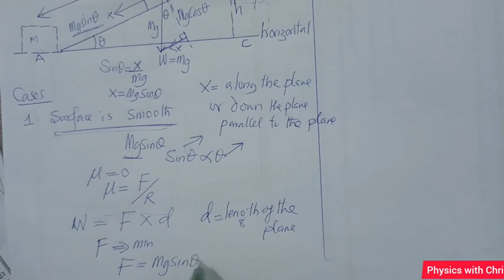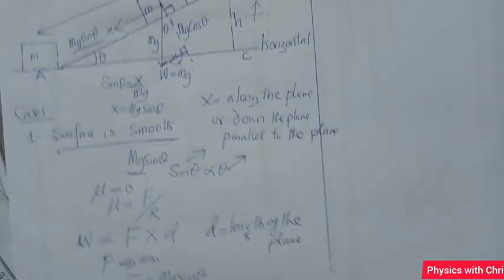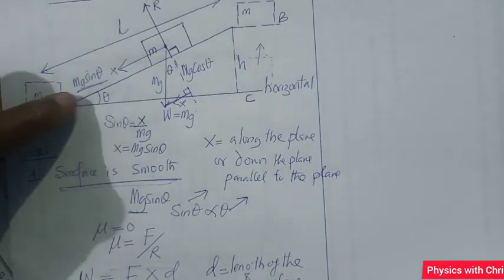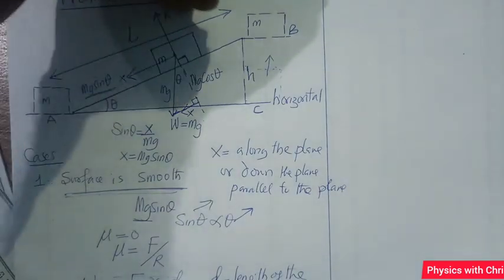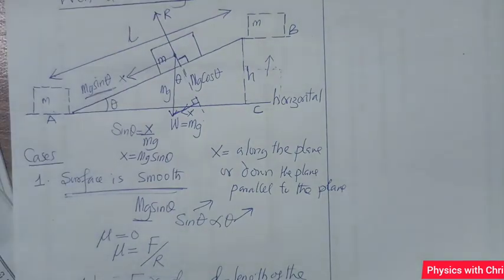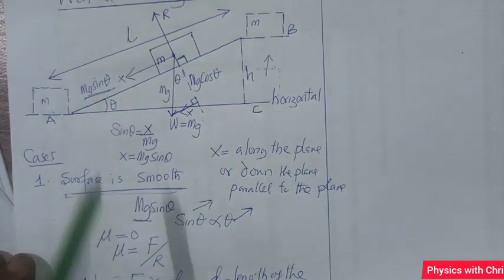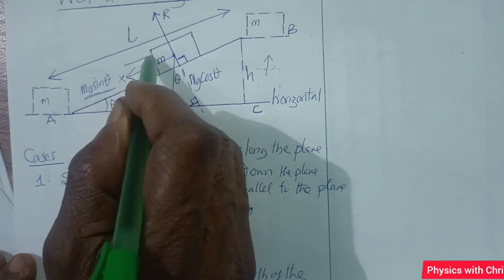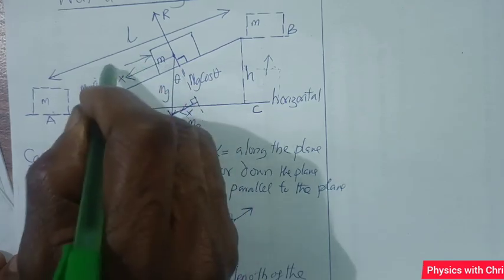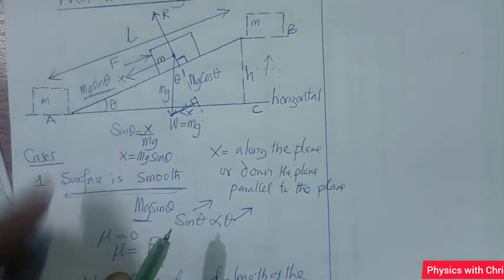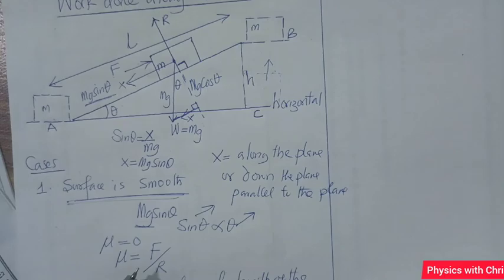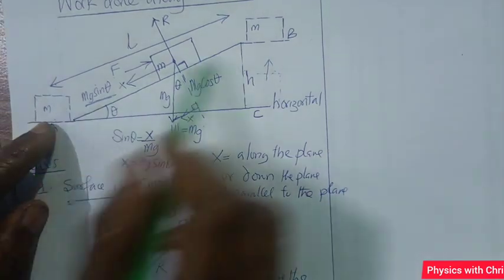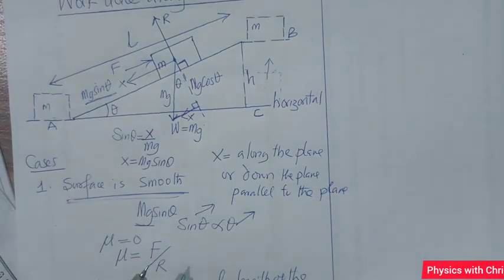Why is it so? Because since there's no friction, the only force acting along the plane is mg sin theta, and it acts in a direction to bring this block of mass back down to point A. So if I must overcome this mg sin theta, I must apply a force F which at least must be equal to mg sin theta if this block must be moved along this plane with a constant speed.